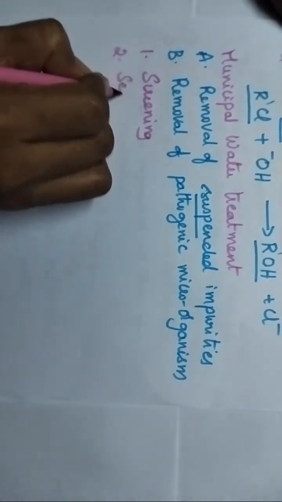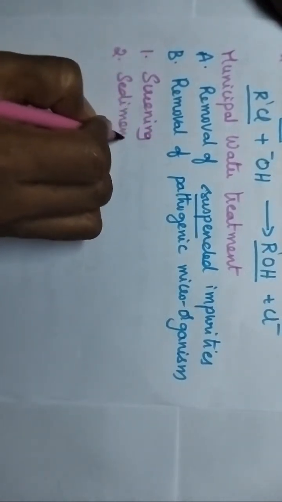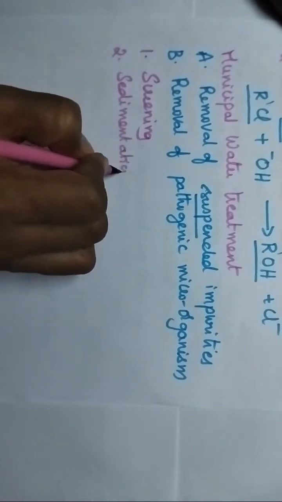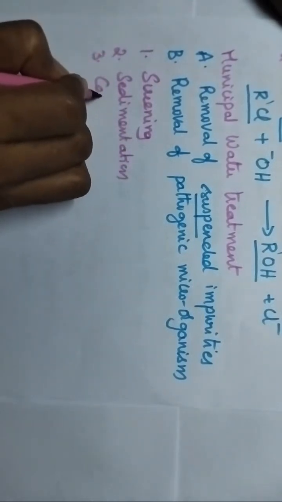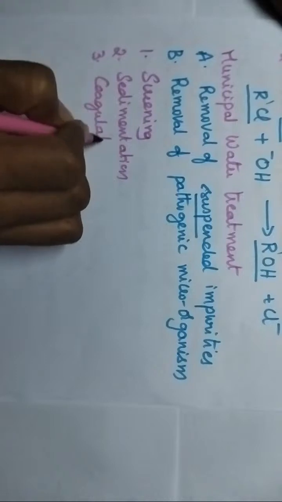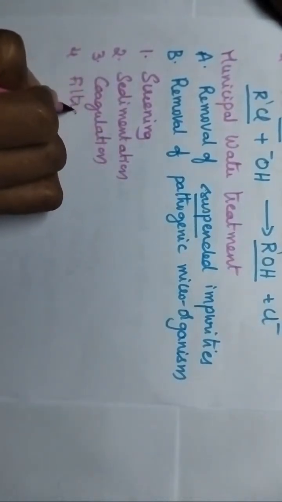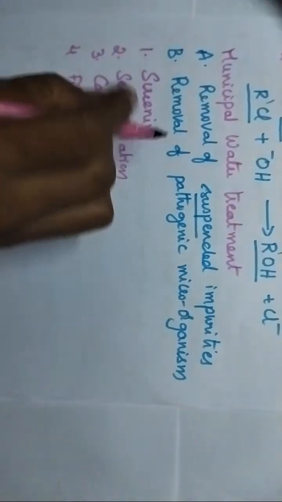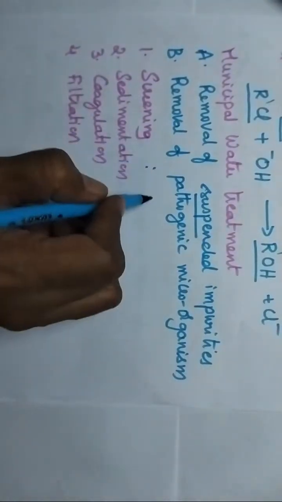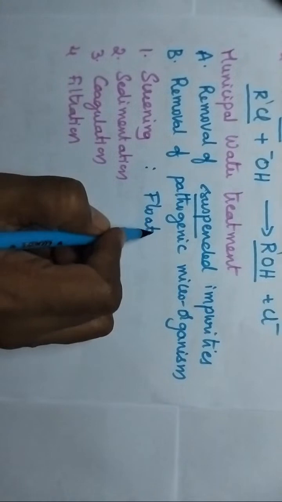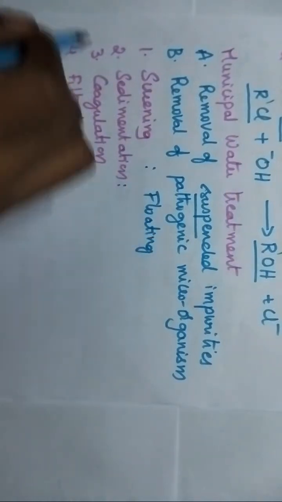Second one is sedimentation. Third step is coagulation. And the fourth one is filtration. Through the screening method, the floating impurities can be removed from the water.